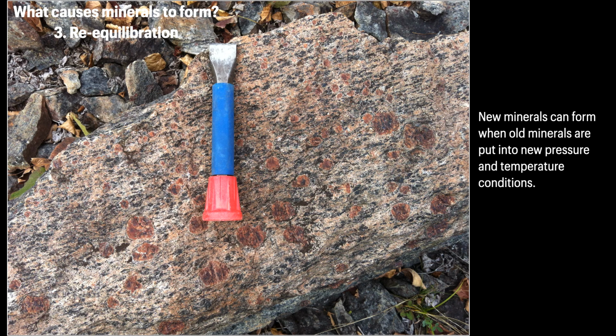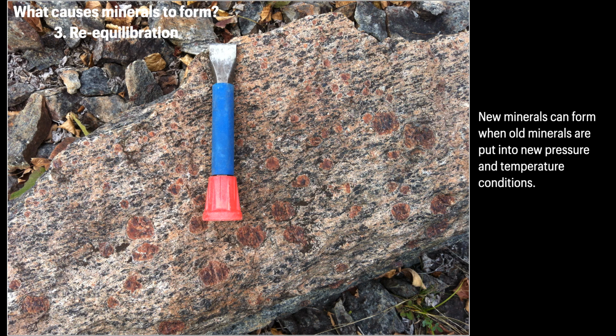Lastly, you have minerals forming by re-equilibration. It's more or less a chemical reaction that's happening. So again, here's a lovely rock full of garnet. New minerals are forming because old minerals were put into some new pressure and temperature condition. The rock that originally formed was exposed, let's say, to a big mountain building event where it feels high pressures and high temperatures.